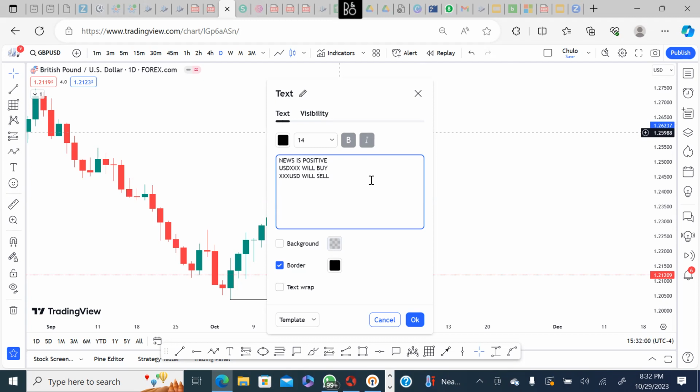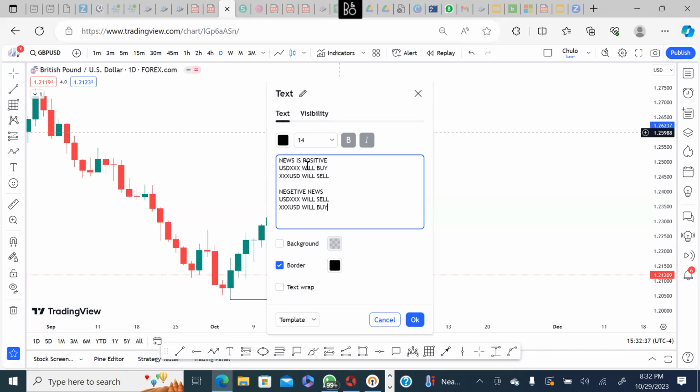And if the news is negative, USD XXX will sell, and XXX USD will buy. So this is basically the simple way to trade the news.